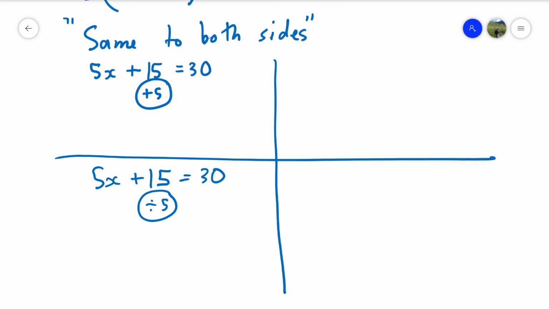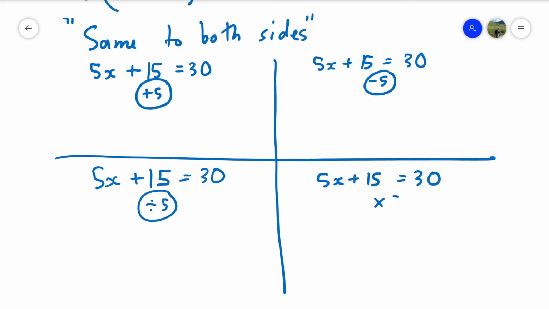I'm just going to write out all 4. Notice it's exactly the same equation. We've got 4 different functions, being plus, minus, times, and divide.